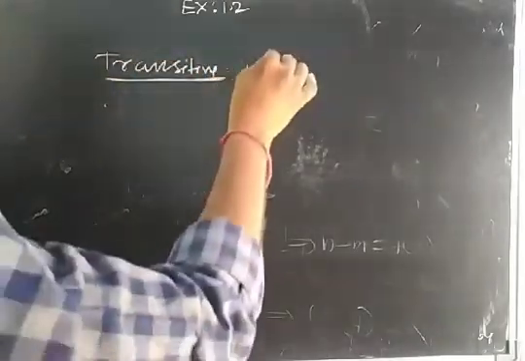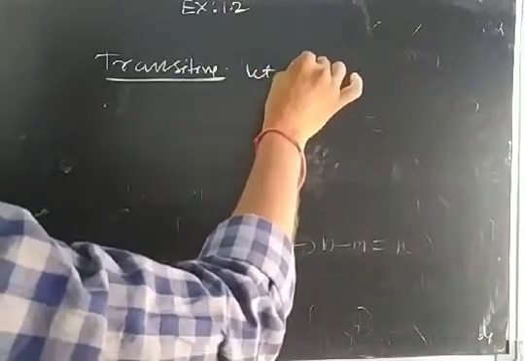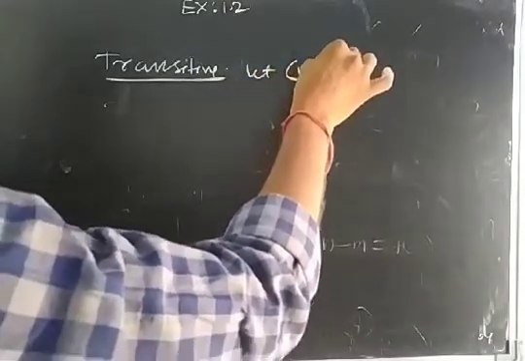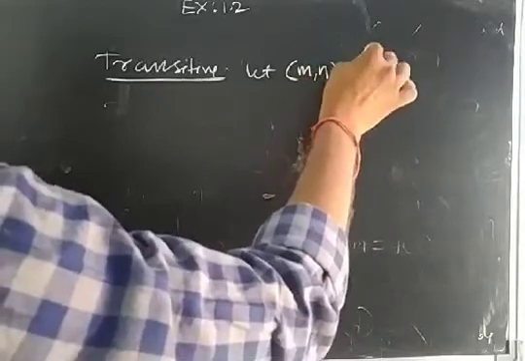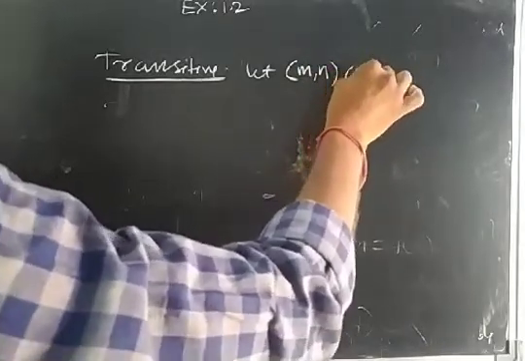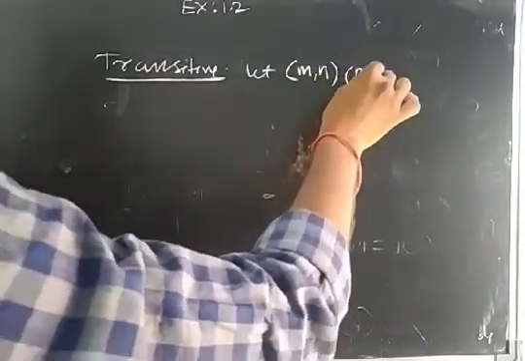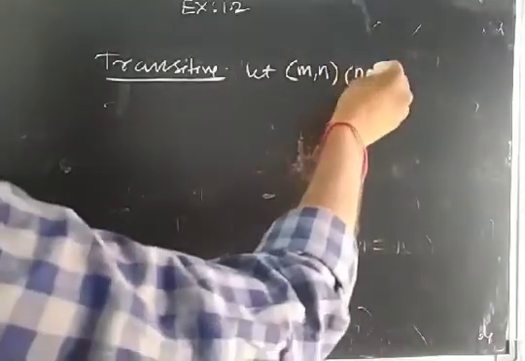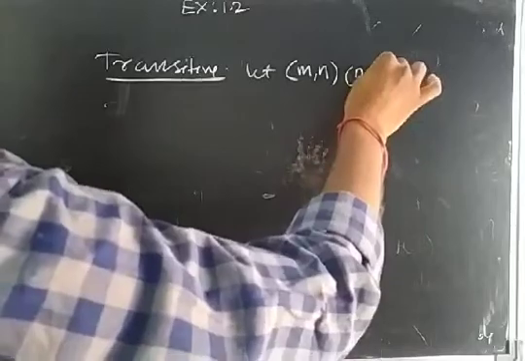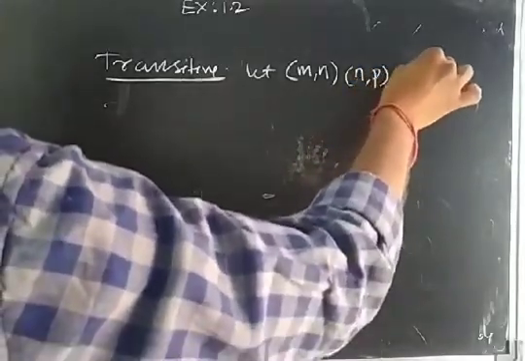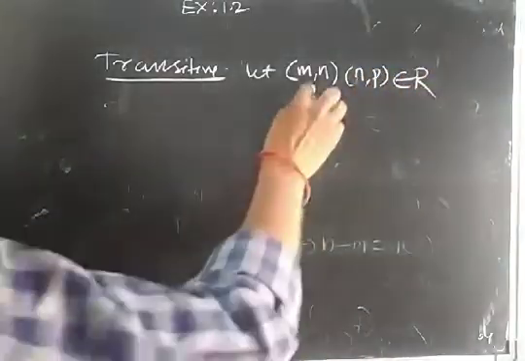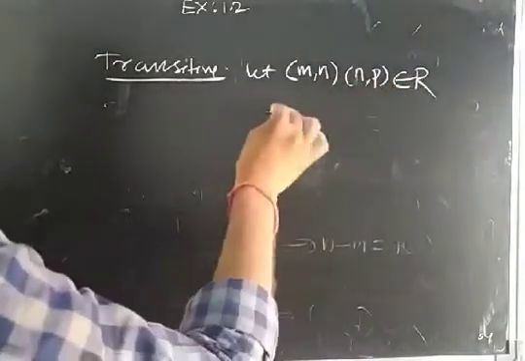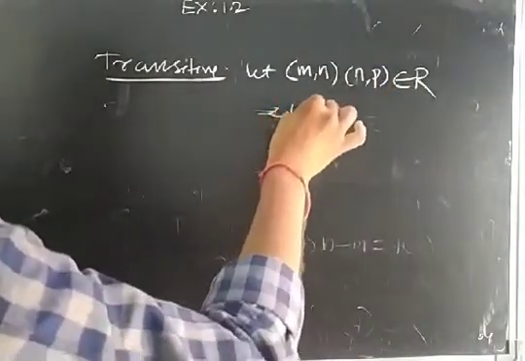For that we need two ordered pairs. So I am taking two ordered pairs: (m, n) and another one (n, p). The second element of the first and the first element of the second should be the same. Such types of ordered pairs only we should take. (m, n) and (n, p) belong to R, which means they are satisfying the condition.